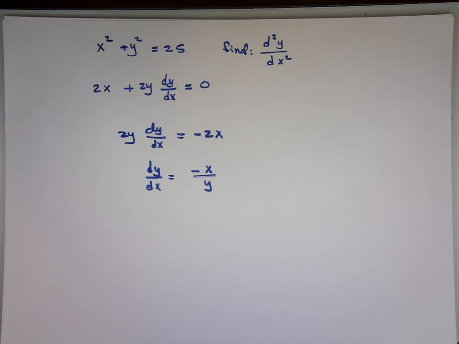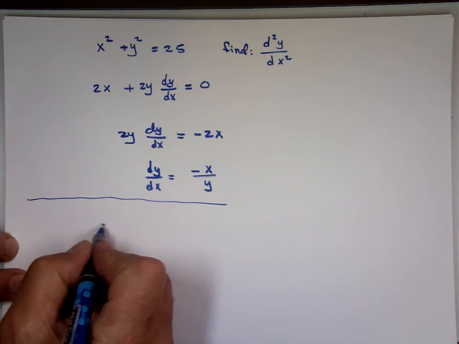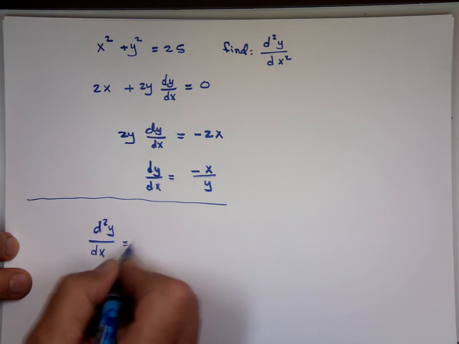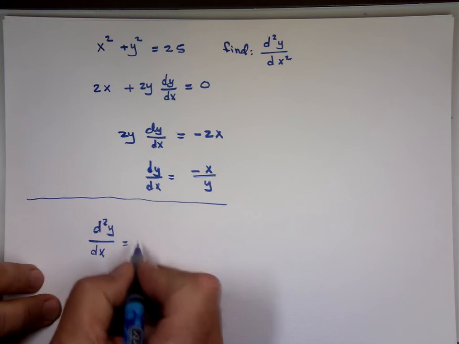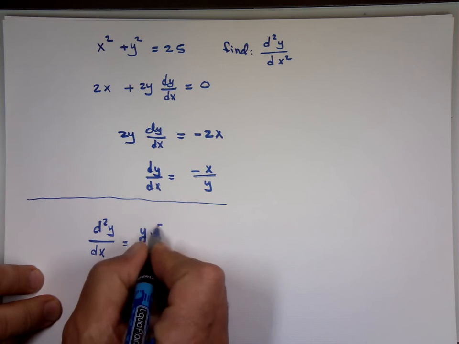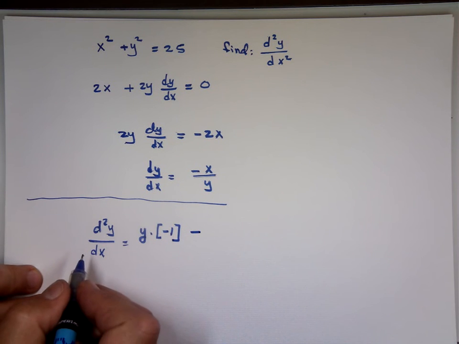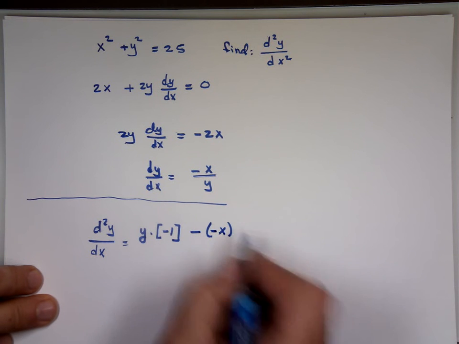And you want the derivative of that? Now we're going to do the derivative of this. So what's the second derivative? I have to take the derivative of this one. Again, I have a fraction, so I have to use the quotient rule. The bottom, which is y, times the derivative of the top, negative 1, minus the top, which is negative x, times the derivative of y, which is 1 dy/dx.